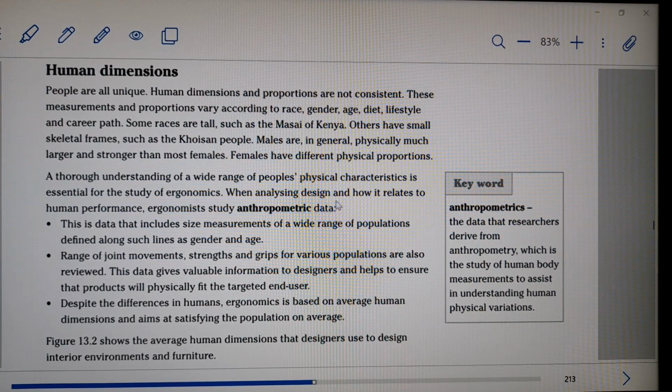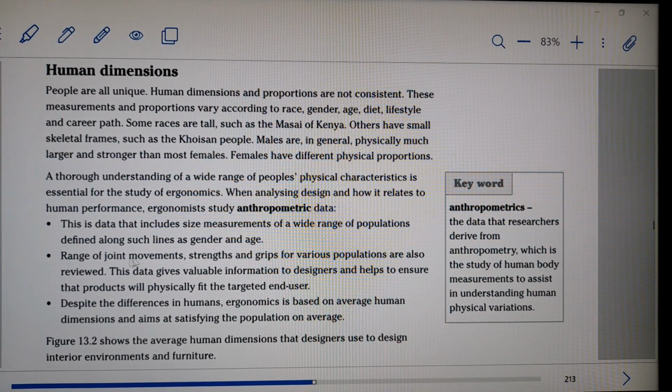When analyzing design and how it relates to human performance, ergonomists study anthropometric data. We have already defined what anthropometry is. This data includes size measurements of a wide range of populations defined along such lines as gender and age.